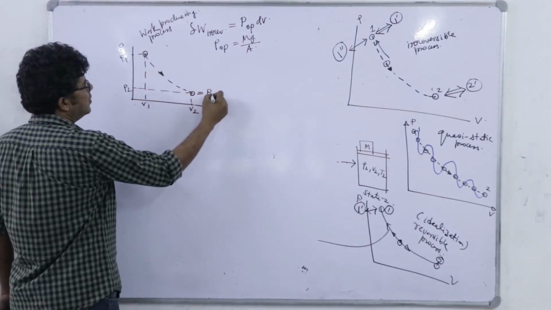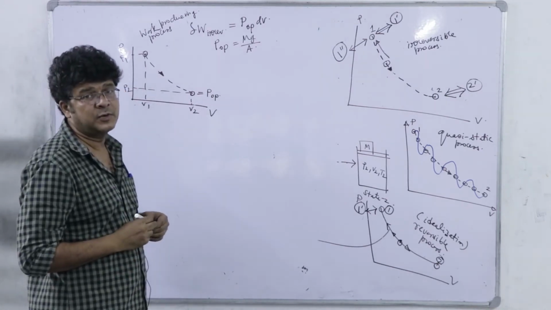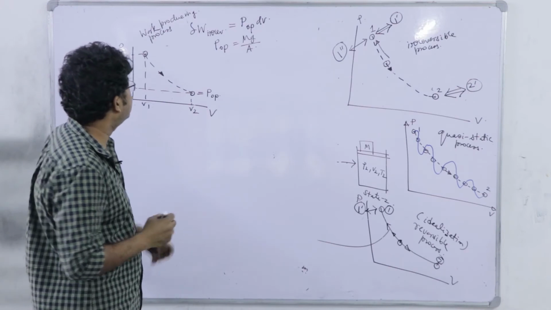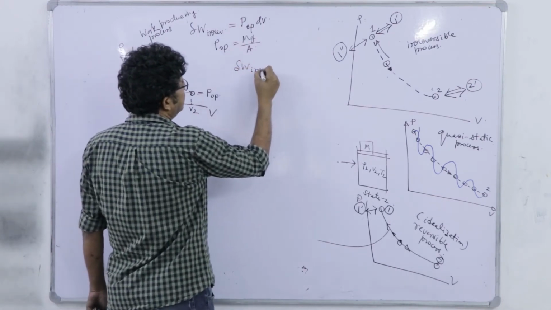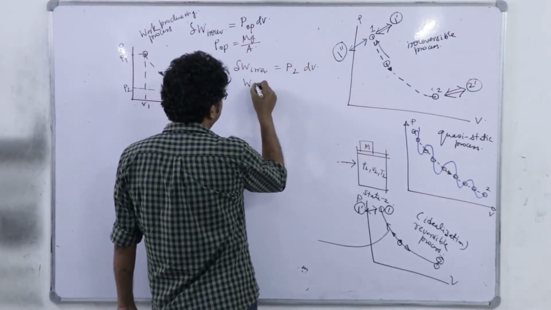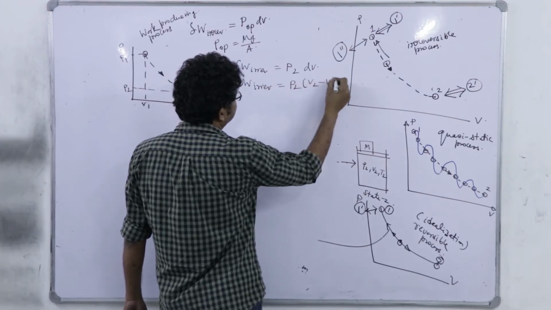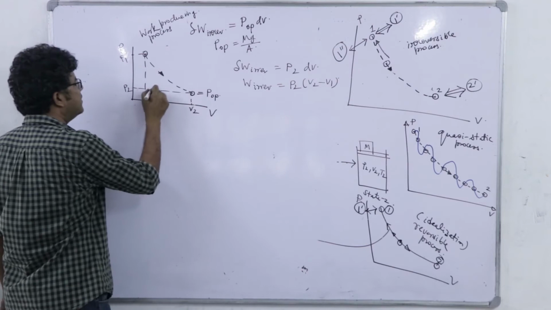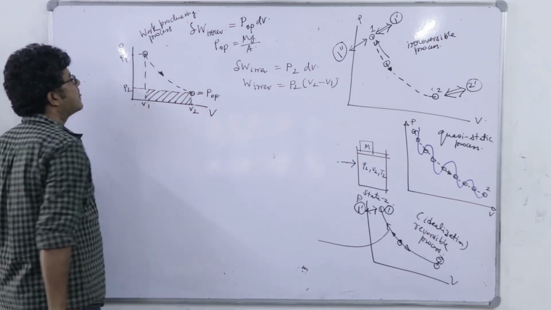Why? Because finally in state 2 the system equilibrates with the opposing pressure. So del W irreversible, P opposing equal to P2, into dV. So W irreversible, we integrate as P2 into V2 minus V1. So it is this area.